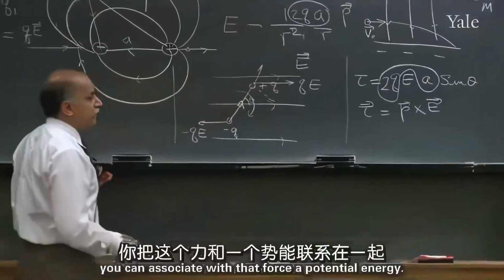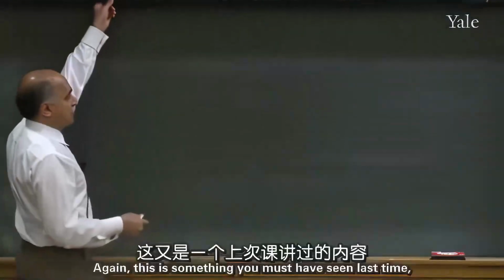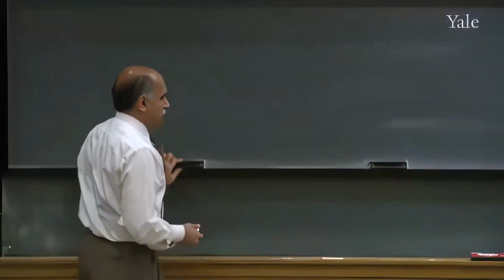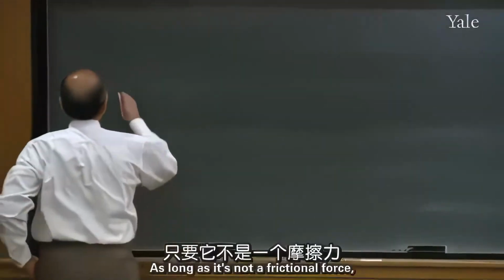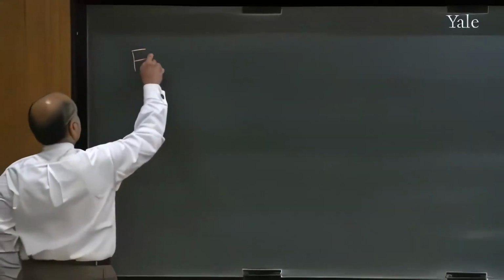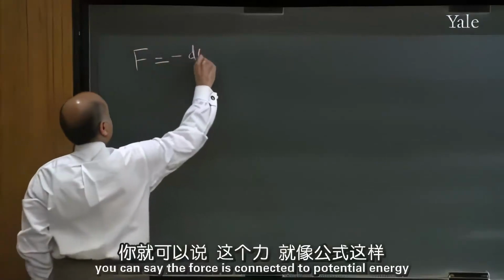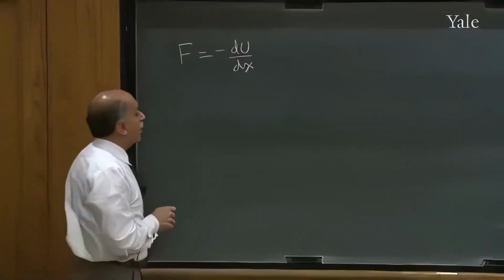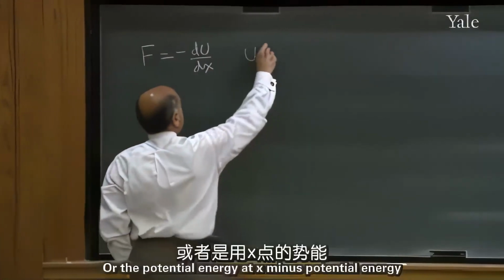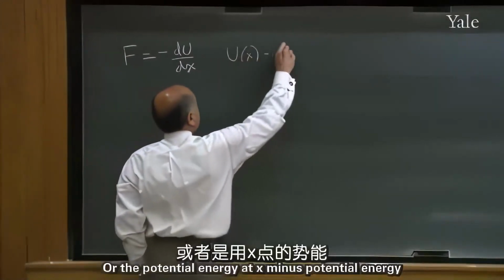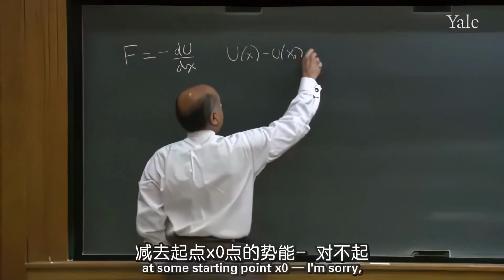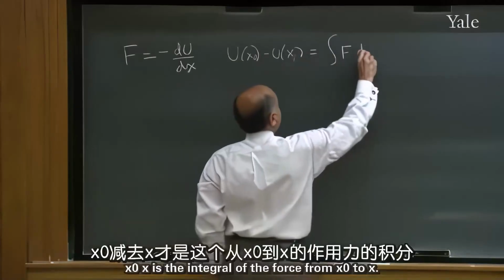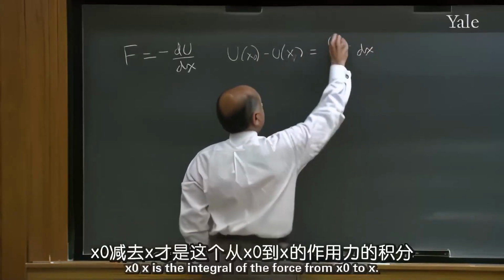Okay, final thing I did, which is if you have a force, you can associate with that force a potential energy. Again, this is something you must have seen last time, but I will remind you. As long as it's not a frictional force, you can say the force is connected to potential energy in the following fashion. The potential energy at x minus the potential energy at some starting point x naught is minus the integral of the force from x naught to x.